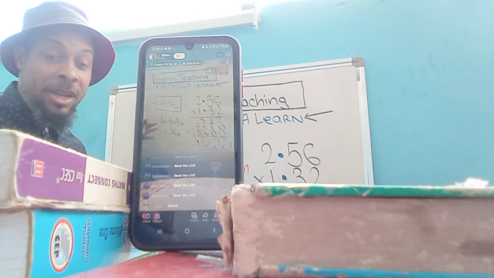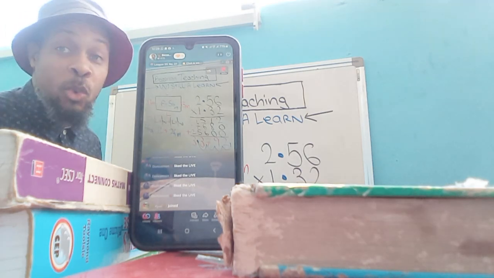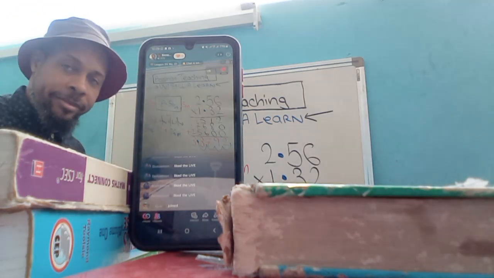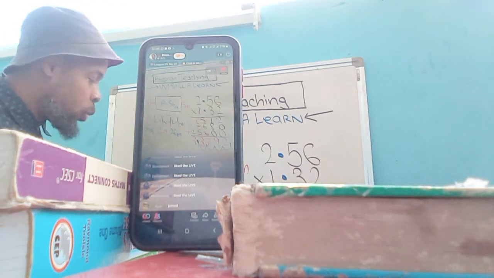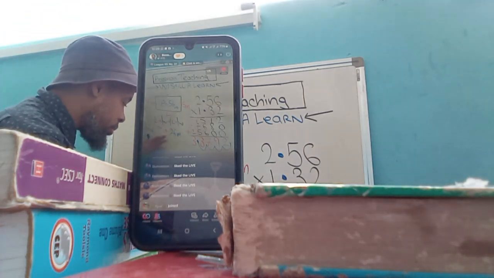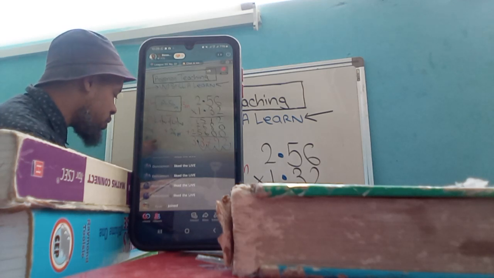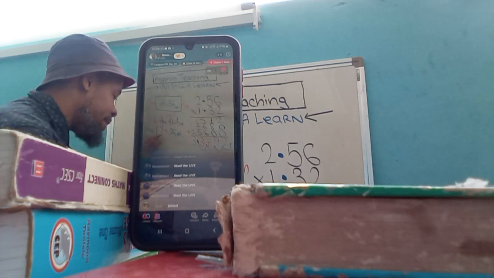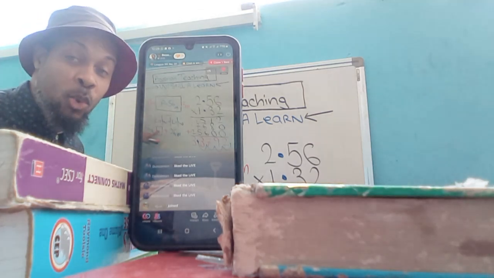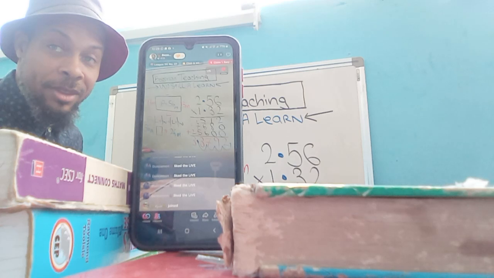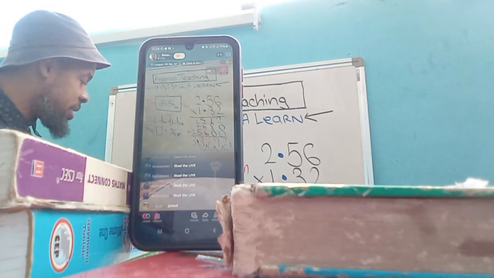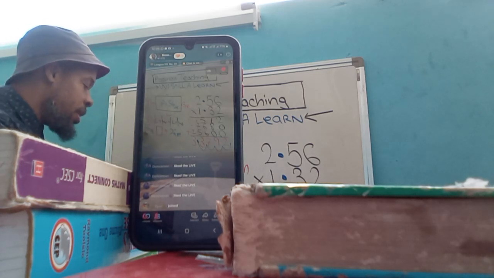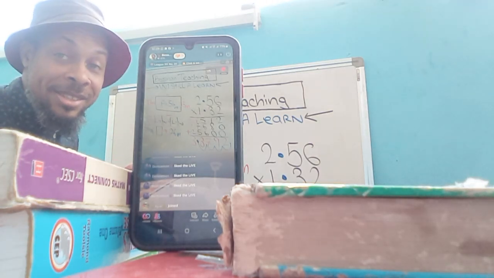People will say that this is primary school. Let's say we have 2L. What if I replace the 2L with a box? That means 2L is equal to whatever is in the box. So what number do I add to 26 that will give me the 56? I almost give you the answer.